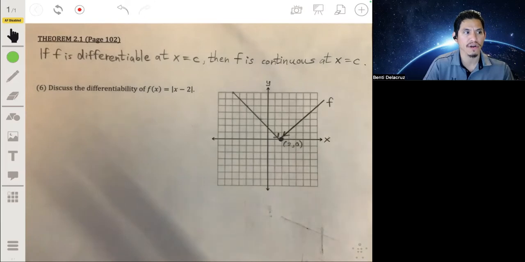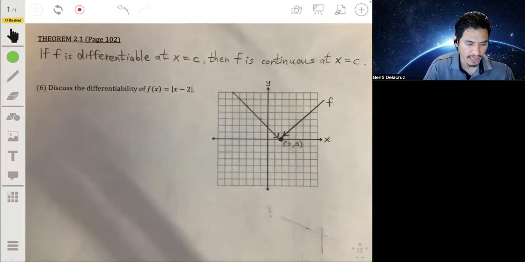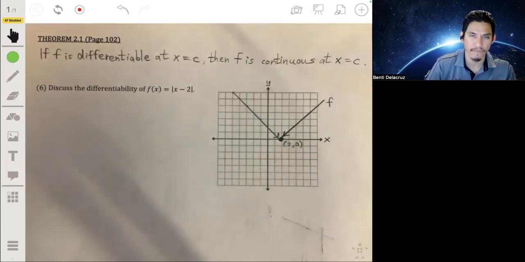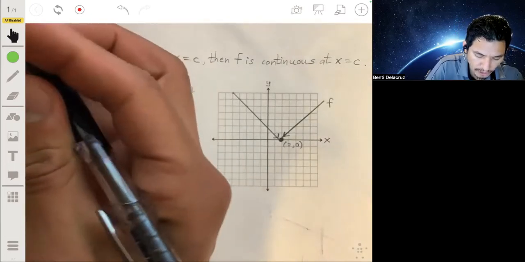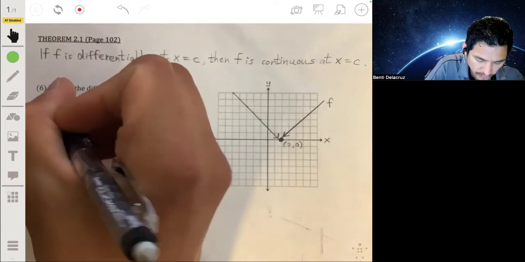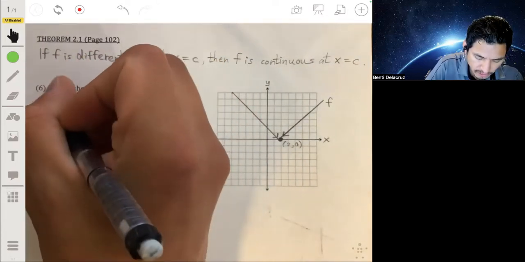But let's go through how we show this formally and algebraically through some calculations. So we would have to go back and discuss the one-sided limits, if you recall.